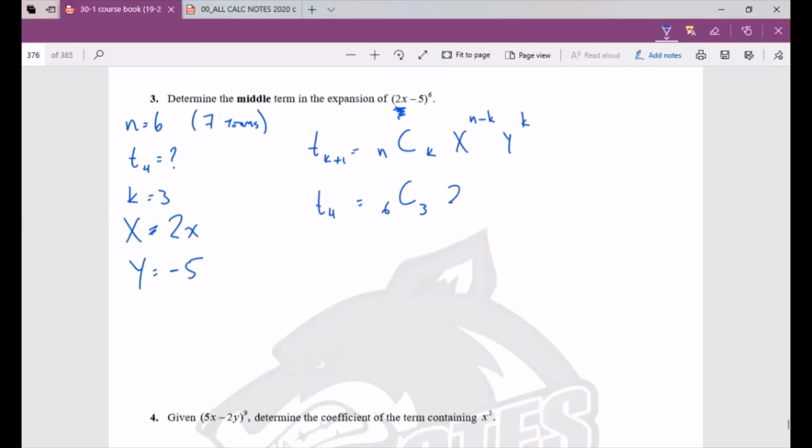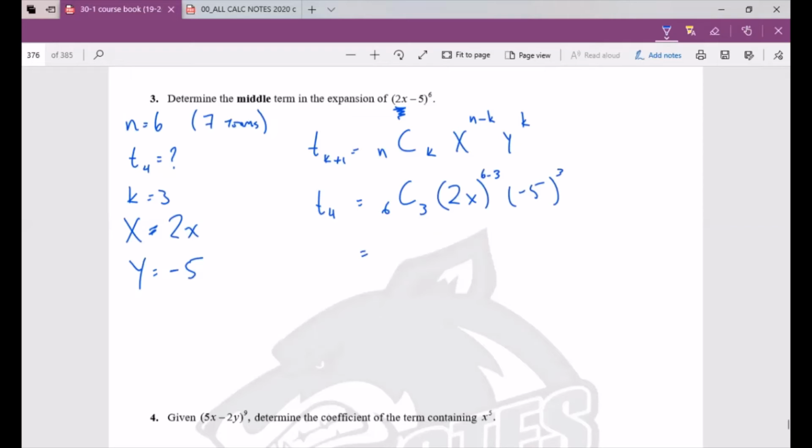Now we're going to replace big X with 2x, and our exponent on this ends up being 6 minus 3. Our y value is -5, we put in brackets, and our exponent will be 3. And it should all just fall out quite nicely.